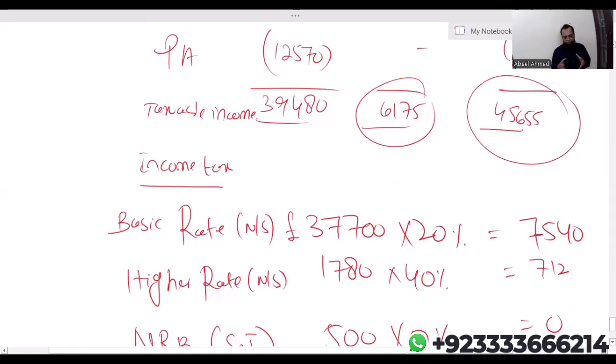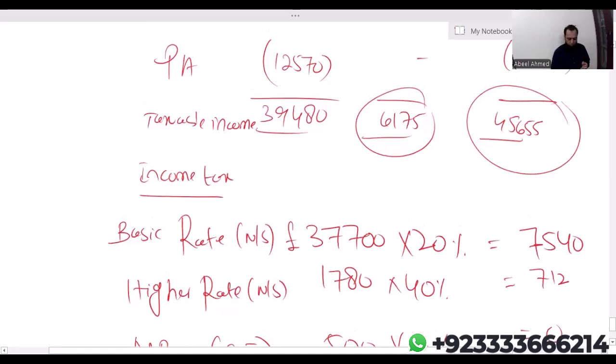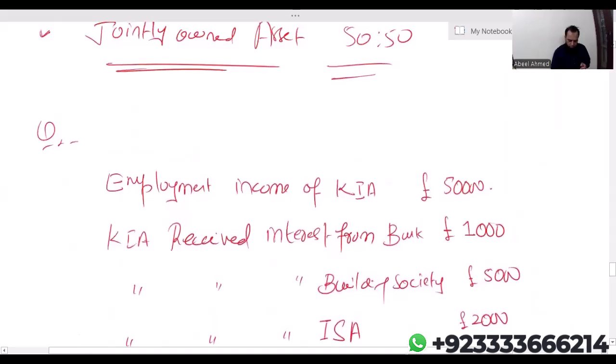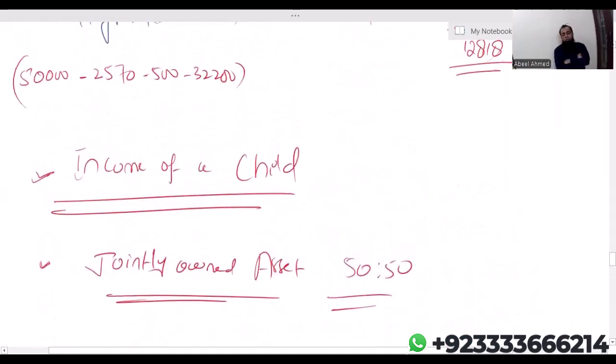And one more thing we discussed: jointly owned assets. The rule of jointly owned assets is that if income is coming from a jointly owned asset and nothing is mentioned, it is split between husband and wife 50-50%.